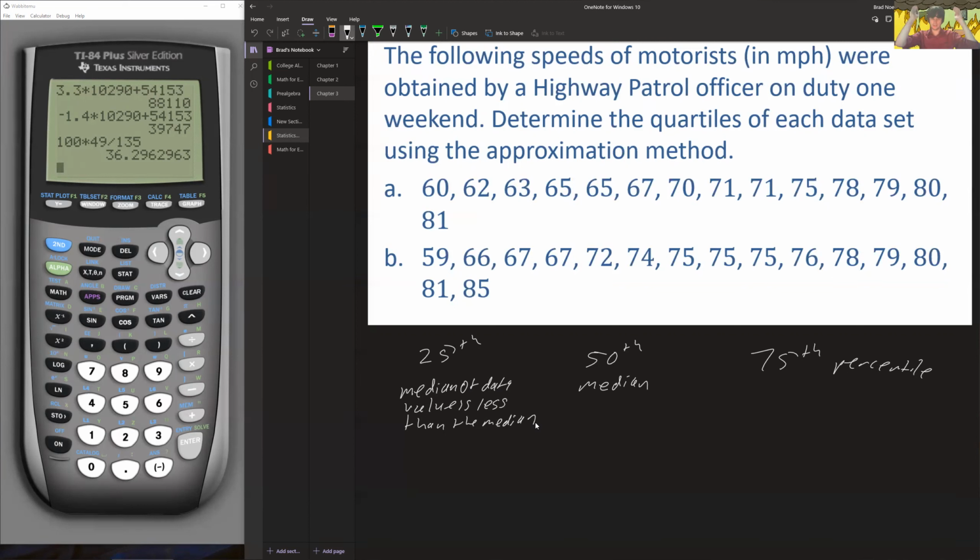So if I look at my data set just from 0 to 50th percentiles, my mid of that is going to be my 25th. Similarly, 50 to 100 is going to be the 75th. So this is the median of the data greater than the median.